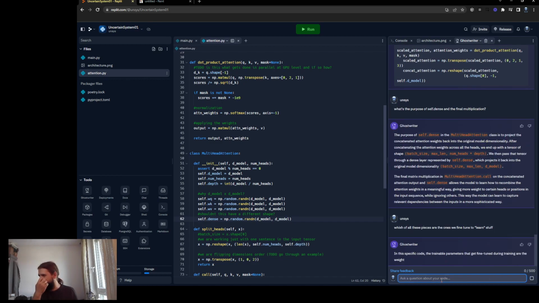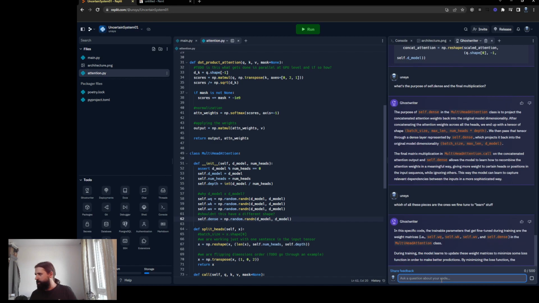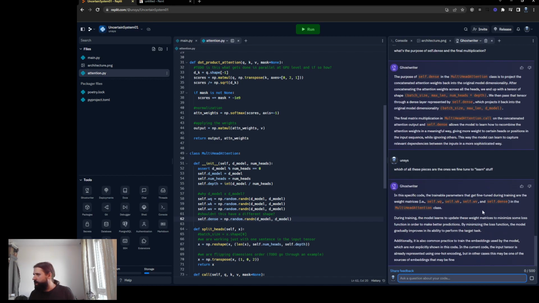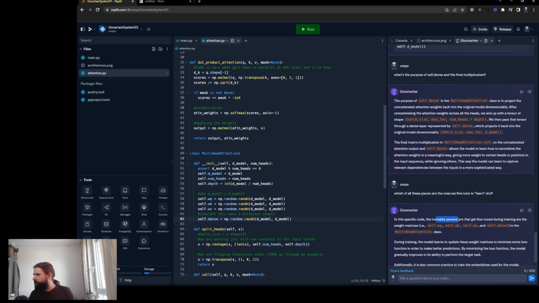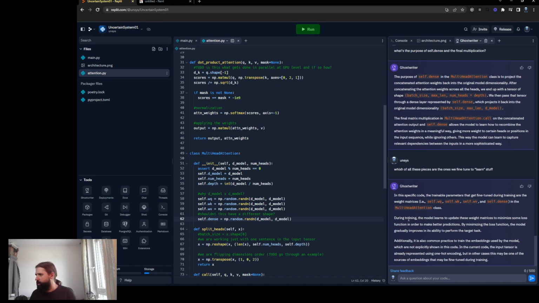I think it's just, yeah, I was gonna say the trainable parameters that get fine-tuned during training are the weight matrices. Yeah. Q, K, V, and dense. Exactly. During training, the model learns to update these weight matrices to minimize some loss function, to make better predictions. By minimizing the loss function, the model gradually improves in its ability to perform the target task.